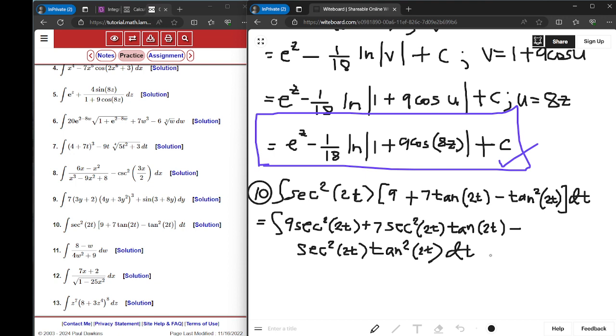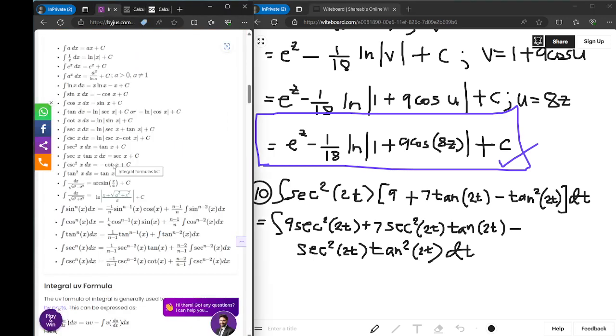Let's check first if we have integral formulas about this. Let's go to the formula sheet. So we only have here secant x, tangent x, secant squared x. These are only the two: secant squared x, secant x tangent x.